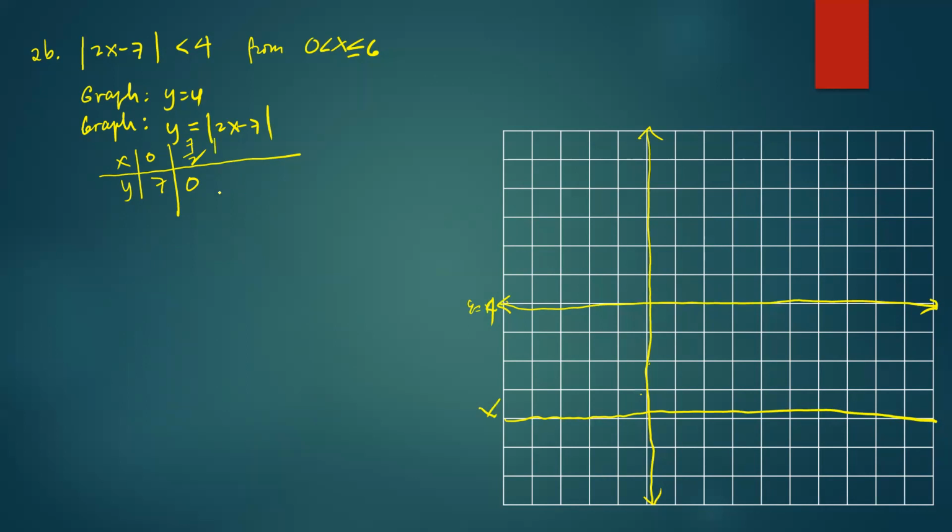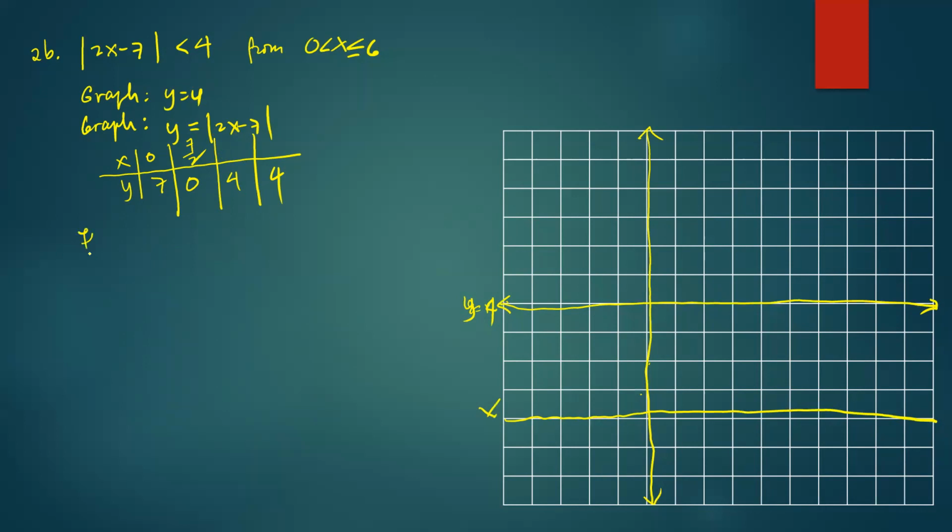Okay. All right. Then what else? Okay. Let us now substitute the 4. Because we want to know the intersection of the line and our curve.